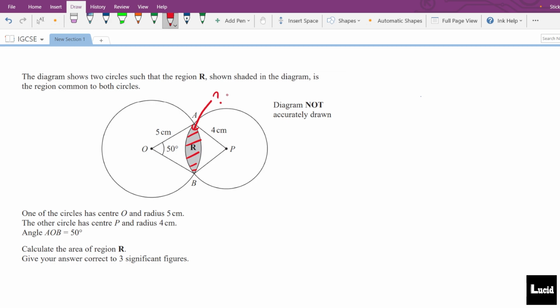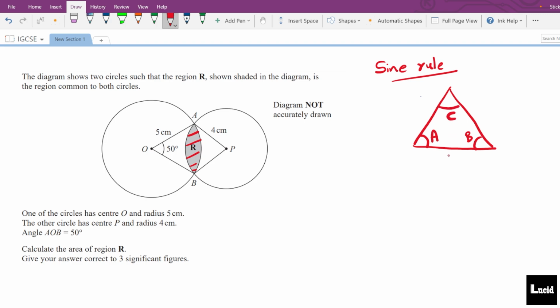To find this, I will remind you of two theorems related to trigonometry. The first one is the sine rule. Let's say you have a triangle with angles A, B and C, and the opposite sides are simply a, b and c.